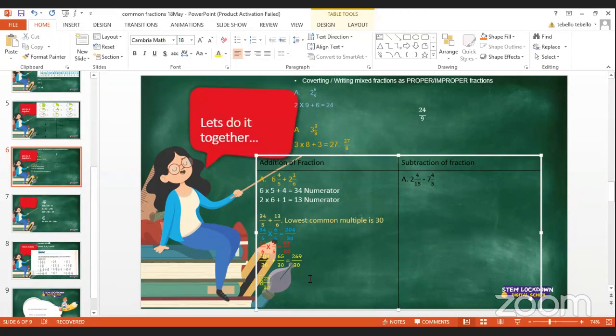So here's our final answer for number A as a mixed fraction: 8 29 over 30. And as our improper fraction, it's 269 over 30. And we treat the subtraction the same way as we treat our addition. You need to subtract, and you need to change your numerators. Get the lowest common multiple, because the denominators are not the same, right?